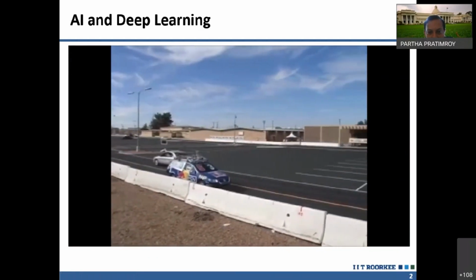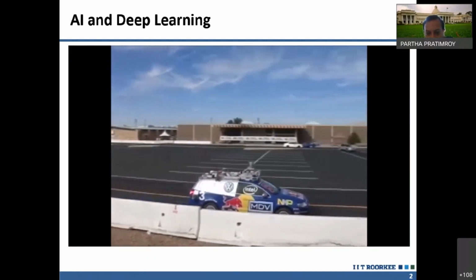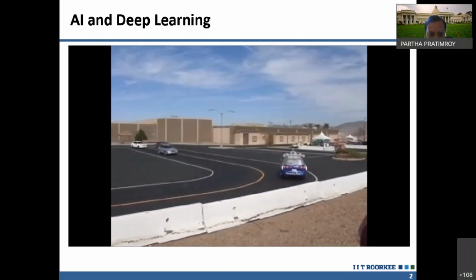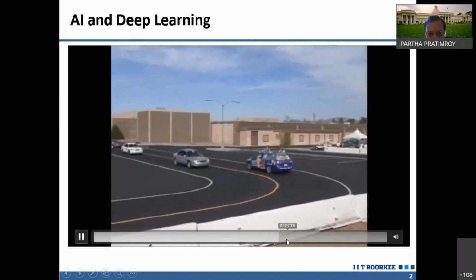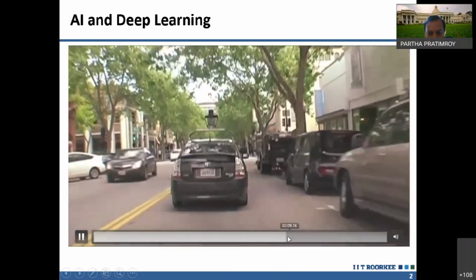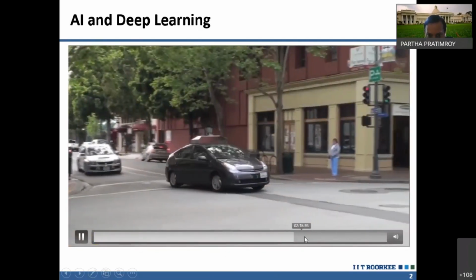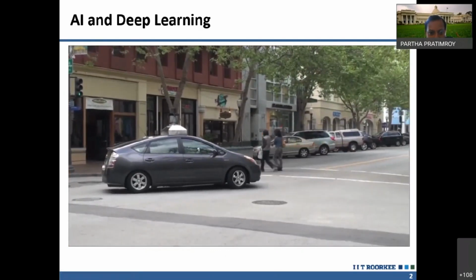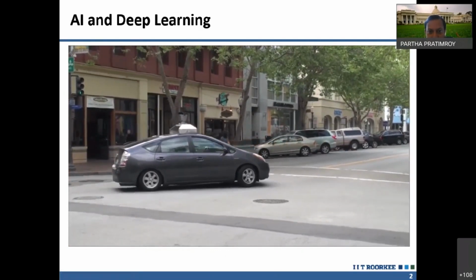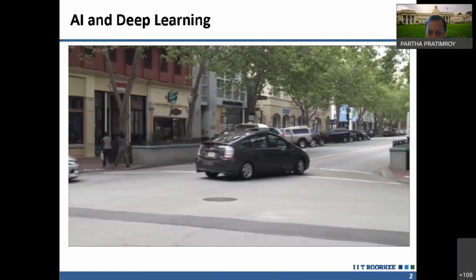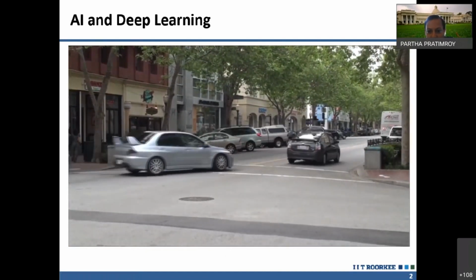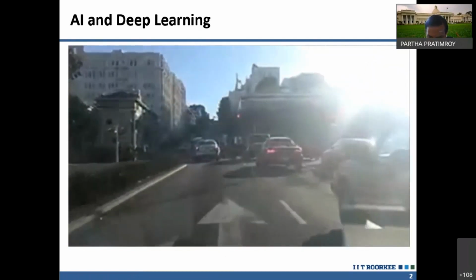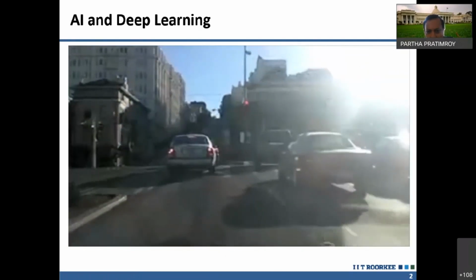For example, these cars need to understand where the road is, where the lines are, and see pedestrians and stop. If it sees some signals, it has to stop. It will go through these different kinds of environments and different obstacles.